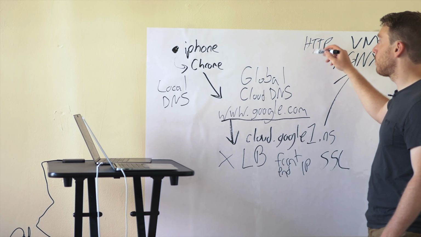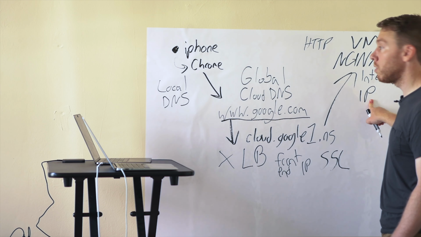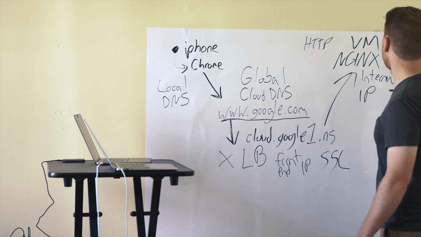So the request comes to the load balancer. The load balancer is just going to proxy to our Nginx. Our Nginx is represented by an internal IP. And we just say when the request comes in, let's proxy it to, we actually don't even point it to an IP, we point it to a VM group.